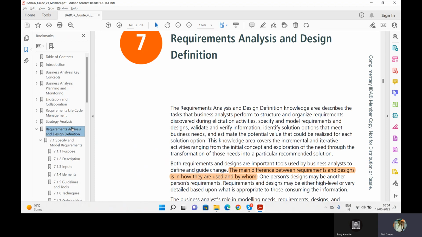It's time to put them in a design format, in a model format. And then you can verify the requirement. Verify means you can check whether this requirement can be done or not.